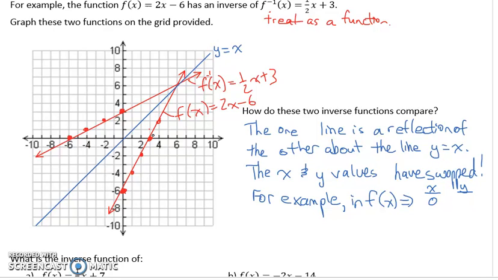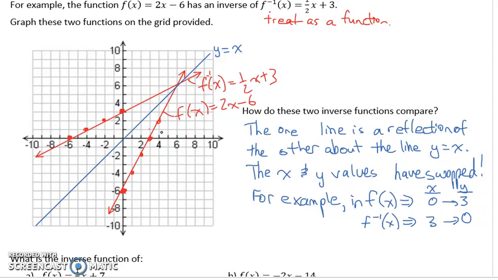When x was 0, the y value was 3. And in the function f inverse of x, when x was 3, hey, the y value was 0. And you could do that for any given points.